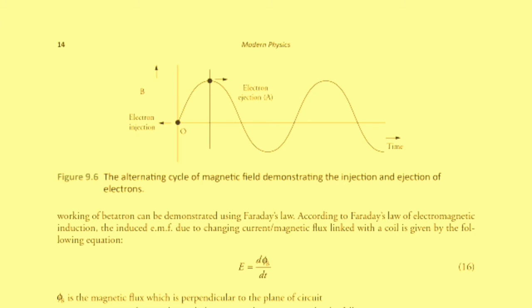According to Faraday's law of electromagnetic induction, which we already know, the induced EMF due to changing current, or you can say magnetic flux, linked with a coil is given by the equation E is equal to minus d phi B by dt, where phi B is the magnetic flux which is perpendicular to the plane of the circuit.